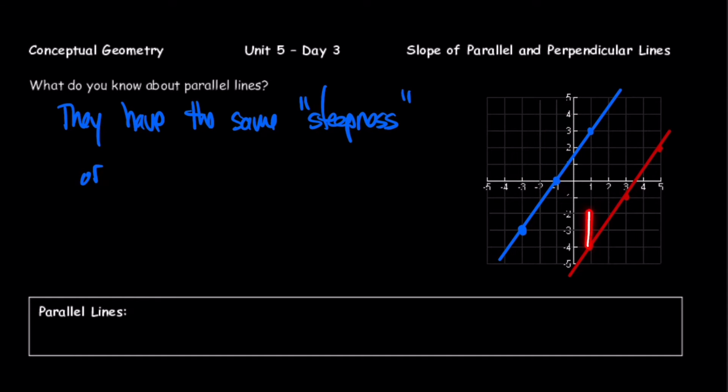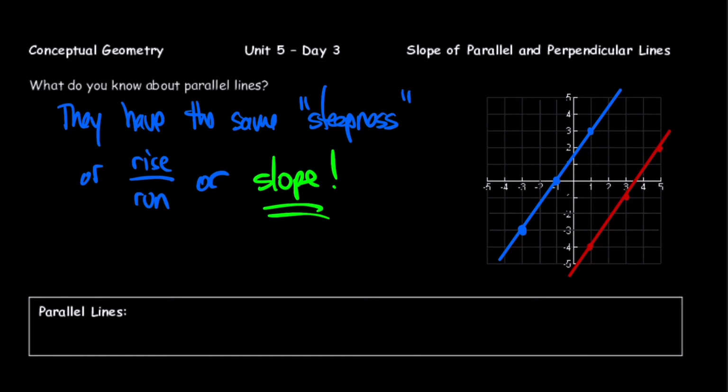The red line, up 3, right 2. So we say they have the same rise over run, or what's that word? Slope. So that's the key for today's lesson, one of the keys. Parallel lines have equal slopes.